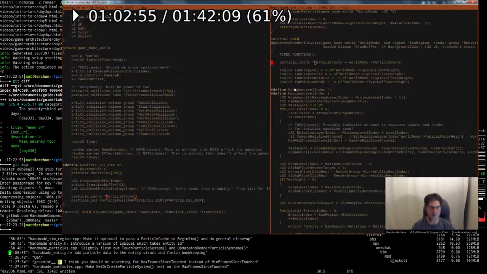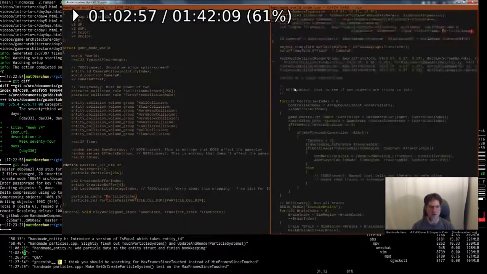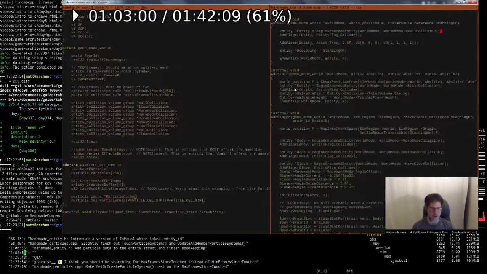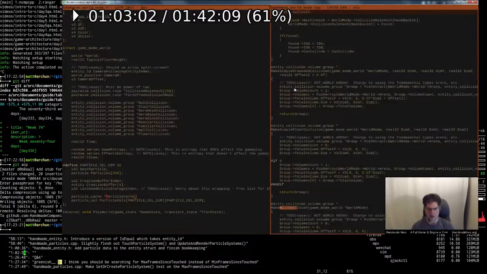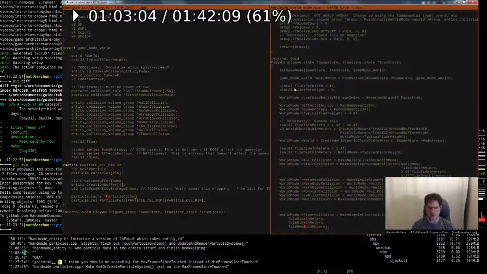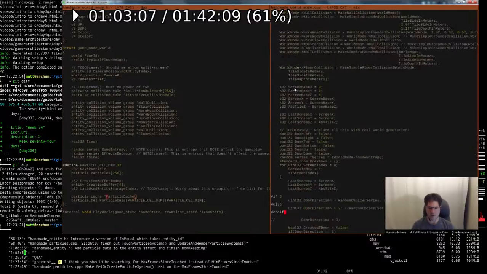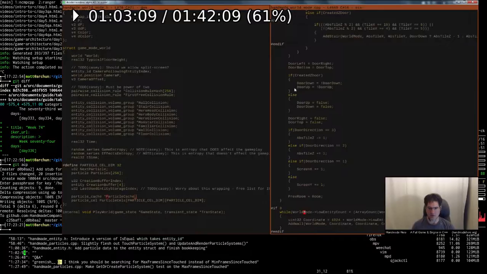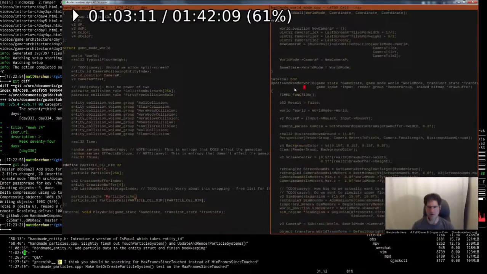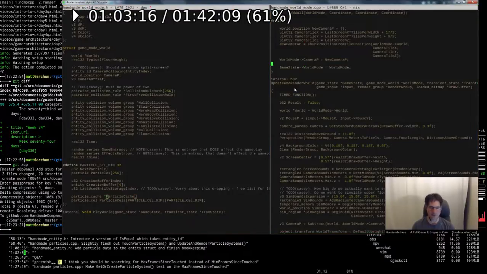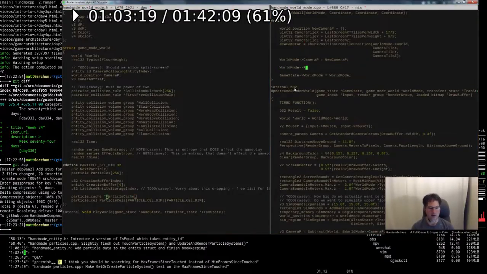So I think what I may do is say that in game mode world, when things are getting initialized in here, once we do all this initialization, I'm going to also initialize those particle systems. So I'm going to say world mode particle cache equals push struct particle cache.